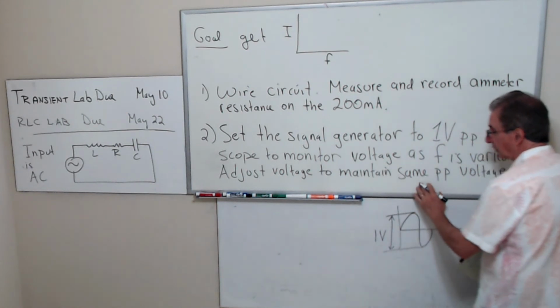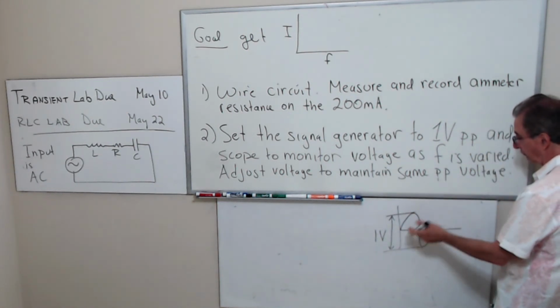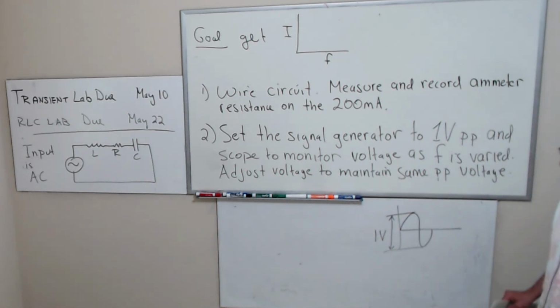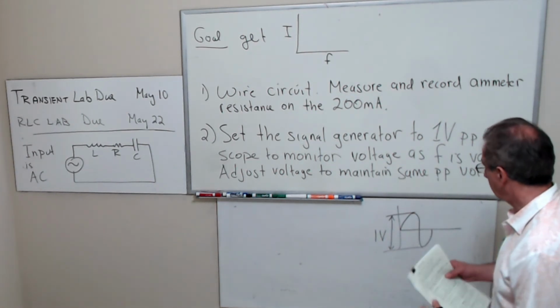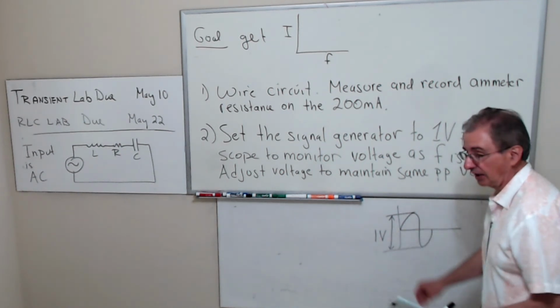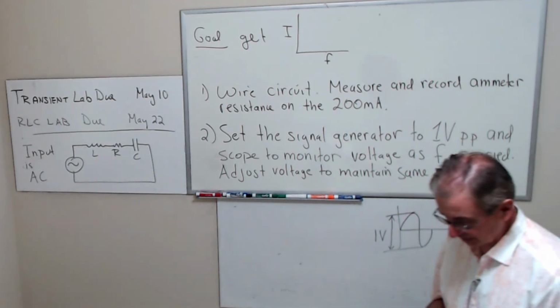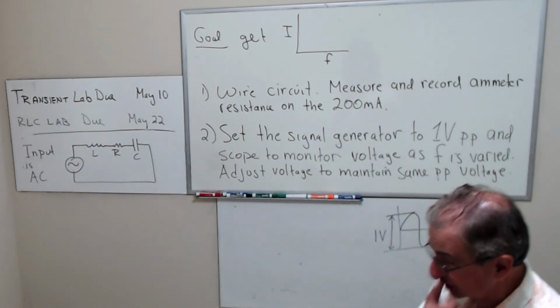You're going to have to adjust the voltage to maintain the same 1 volt peak to peak voltage, because when you change the frequency, this voltage will change, okay? Because our signal generator isn't that great.